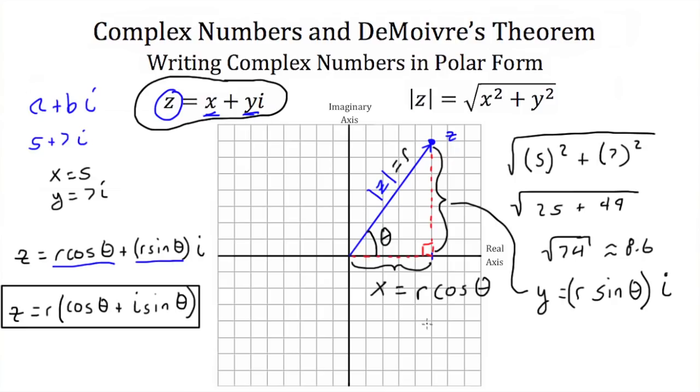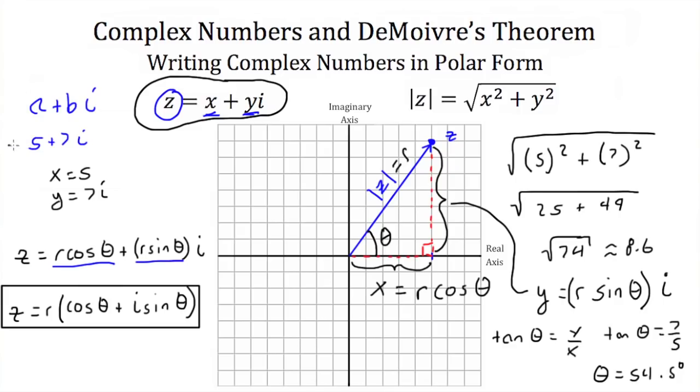If I wanted to find theta, I could use the tangent function because the tangent is just the opposite side length over the adjacent side length. So the tangent of theta is equal to y over x. Our y is 7 and our x is 5. So the tangent of theta is 7 over 5. Put that into your calculator and find that theta is about 54.5 degrees.